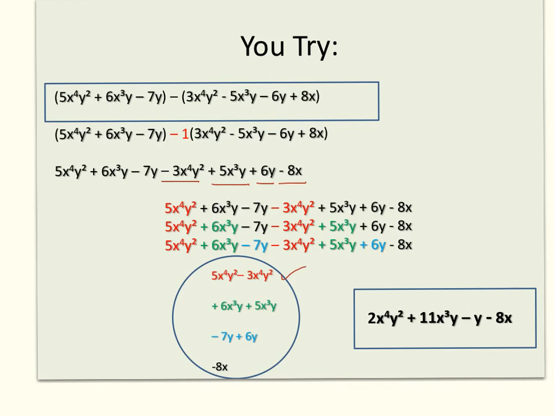Here are my x to the 4th y squared terms, my x to the 3rd y terms, my y terms, and then I had a single term that had an x. When I combined all of those terms, my final result was 2x to the 4th y squared, 11x cubed y, minus y, minus 8x.